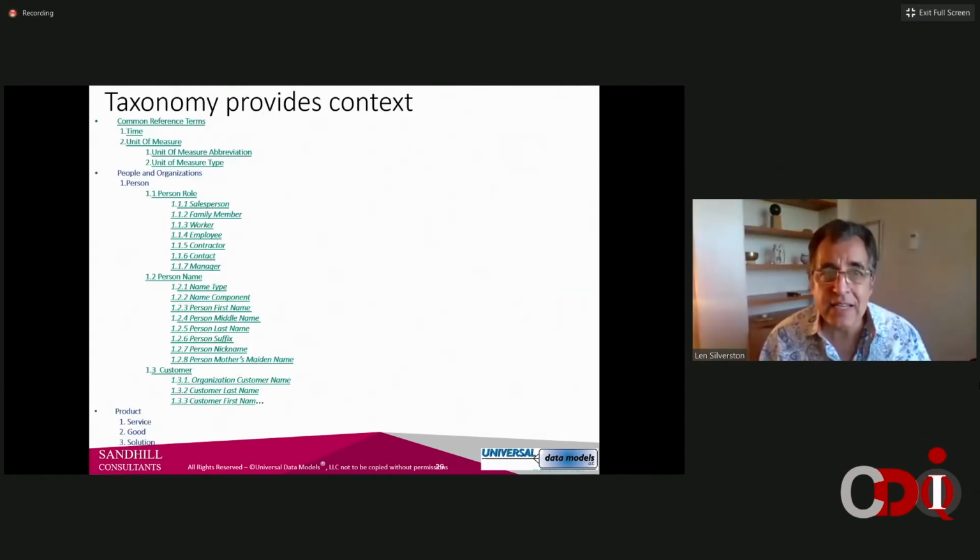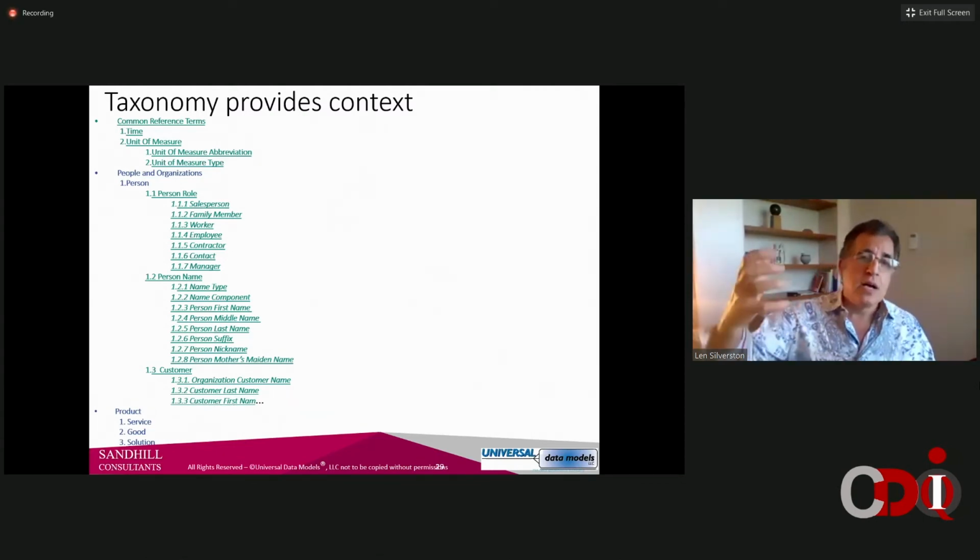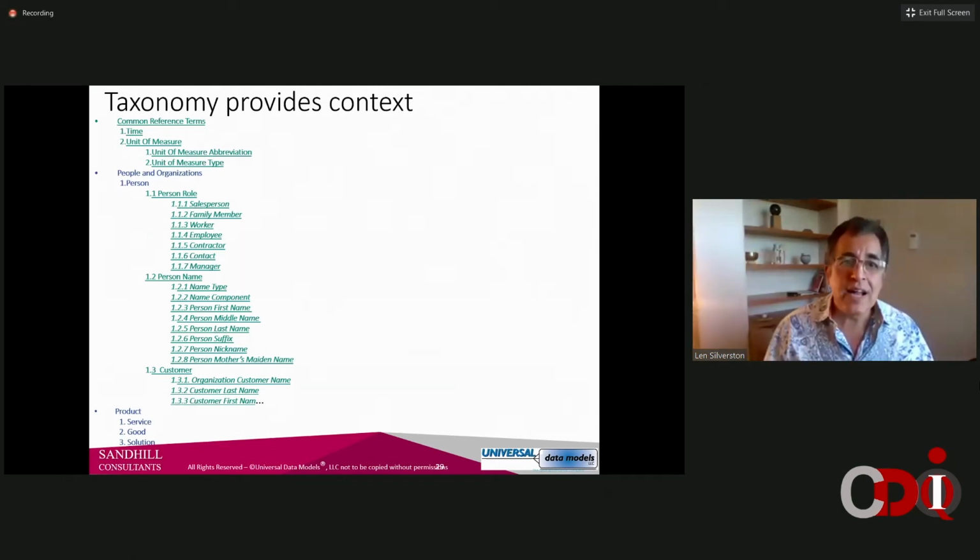Taxonomy is key in context. So if you're doing a business glossary without a taxonomy, without a model, without an ontology, that's a big issue. And I've actually seen many organizations do this without a clear ontology or taxonomy to say, how do we put context around people?